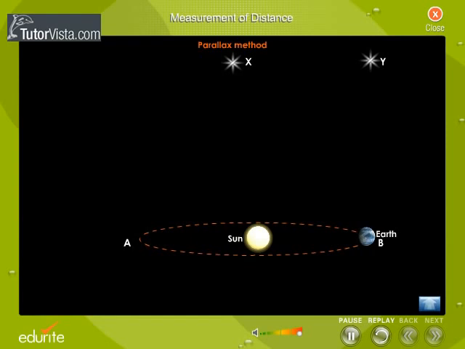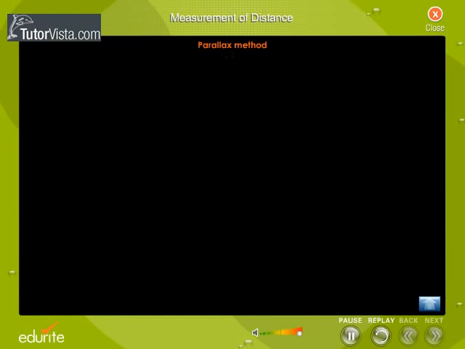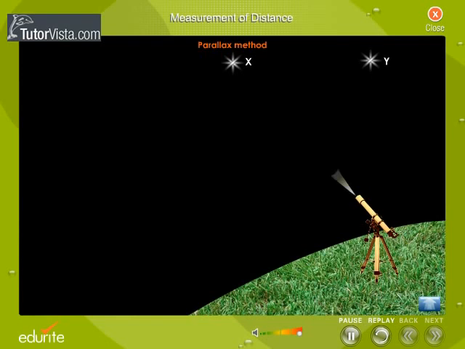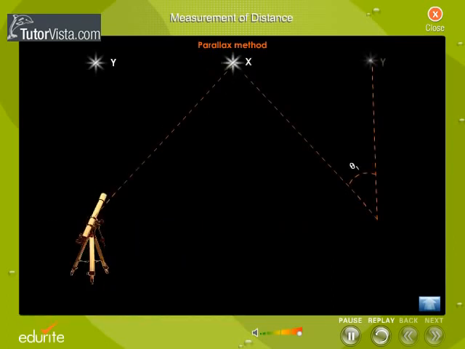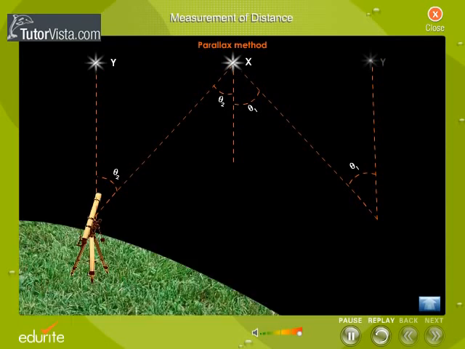Find out the parallax angle theta between the stars X and Y by focusing the telescope on the star X, and then focus the telescope on the star Y. After 6 months, when the Earth reaches a diametrically opposite side, measure the parallax angle between the stars X and Y. This geometrical figure shows the positions of the stars as observed from Earth.